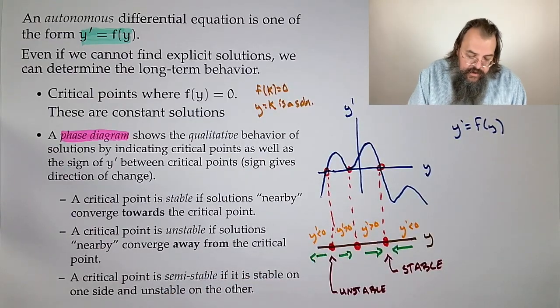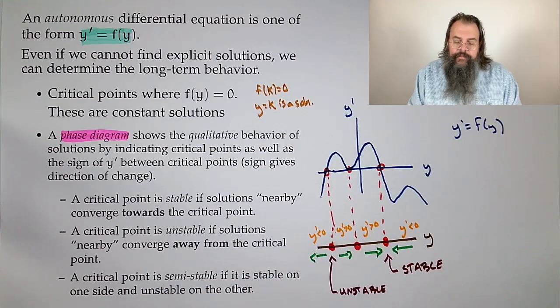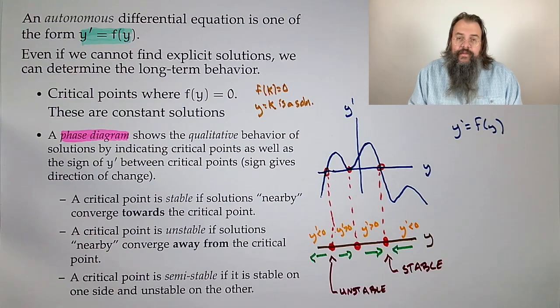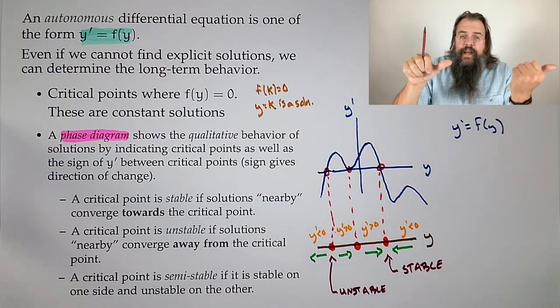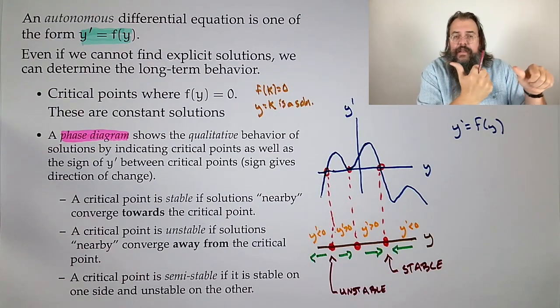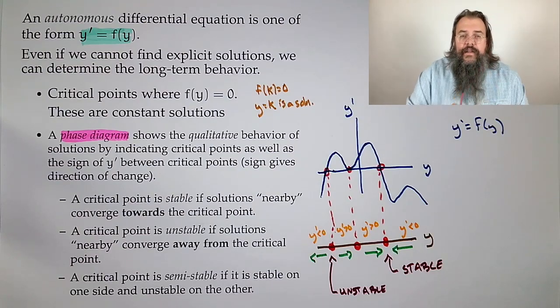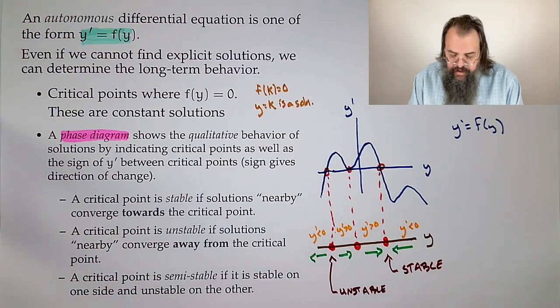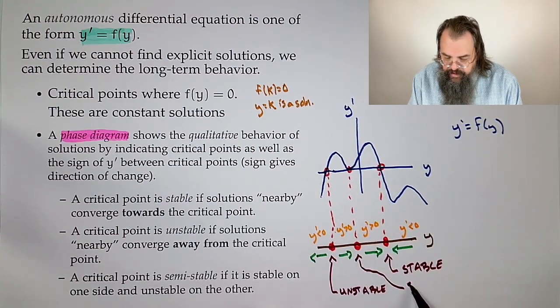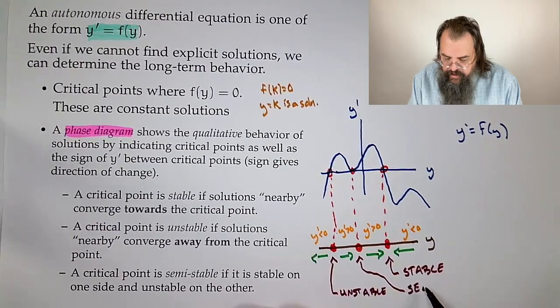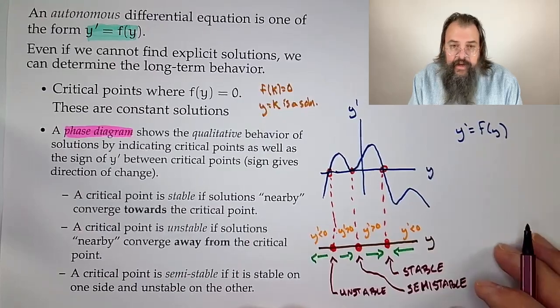And now there's a third possibility, which says a critical point is semi-stable if, look, on one side we're moving in, but on the other side we're moving out. So in other words, the arrows point in the same direction on both sides. So this is an example of something which is semi-stable. So there we go. And that's the idea.